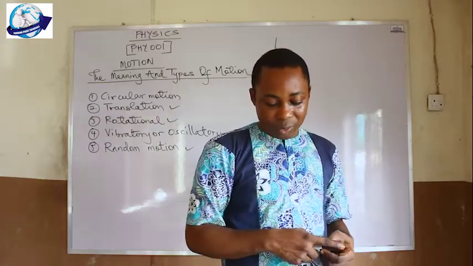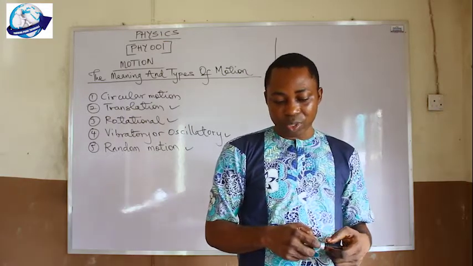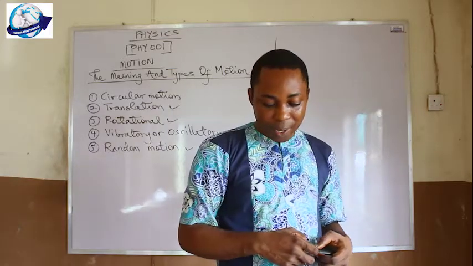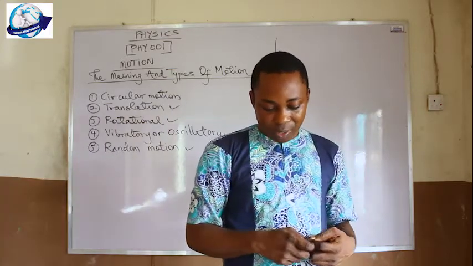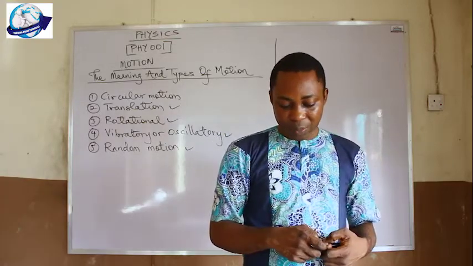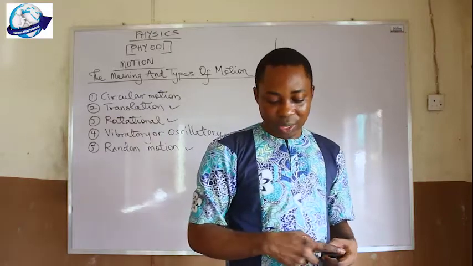Then the next one is oscillatory motion. Oscillatory motion is a continuous, repeated to and fro motion of a body about a mean position. An example is the motion of a pendulum bob, or the motion of a spiral spring just oscillating like that. The next one is random motion.